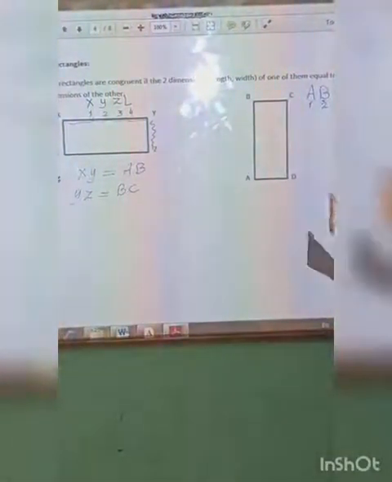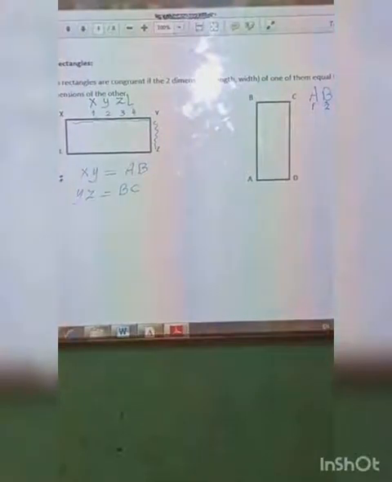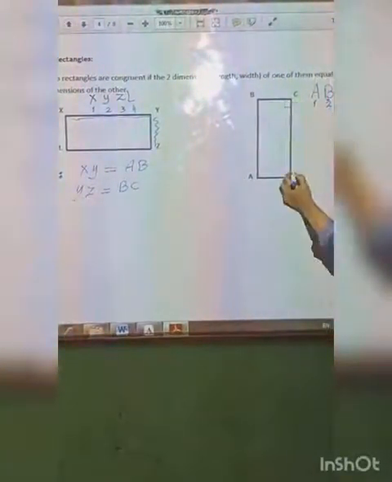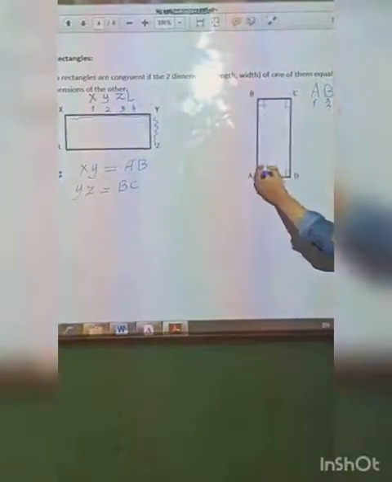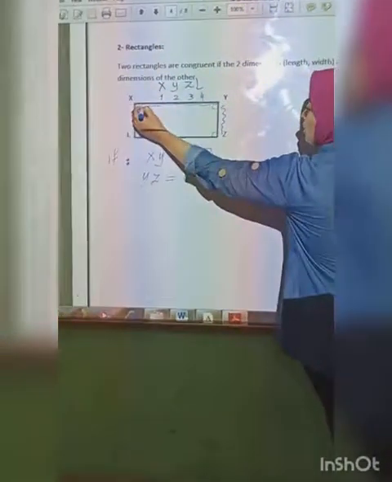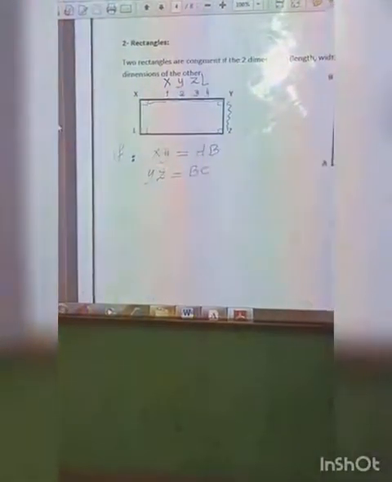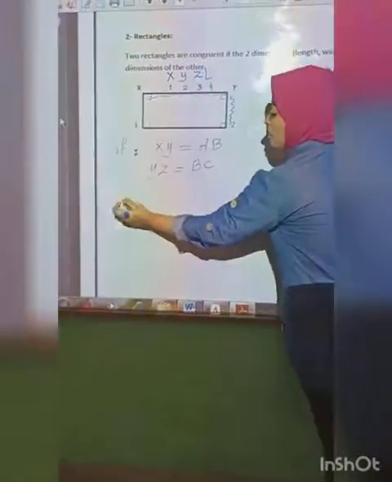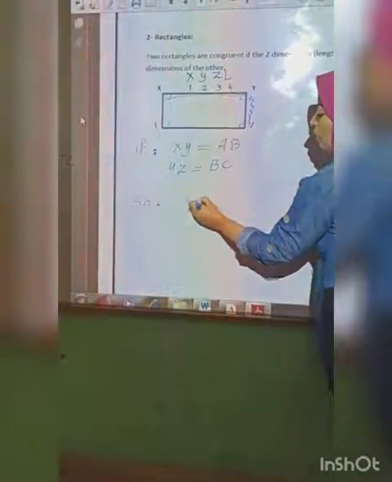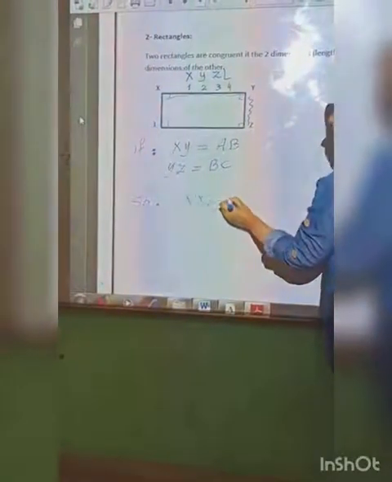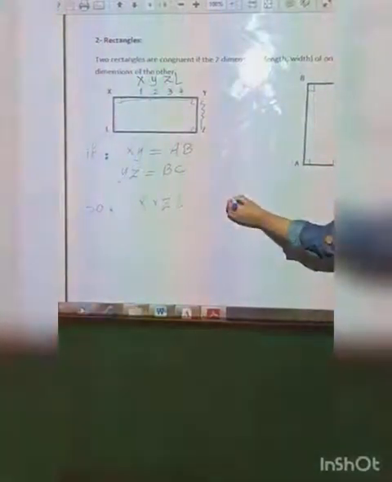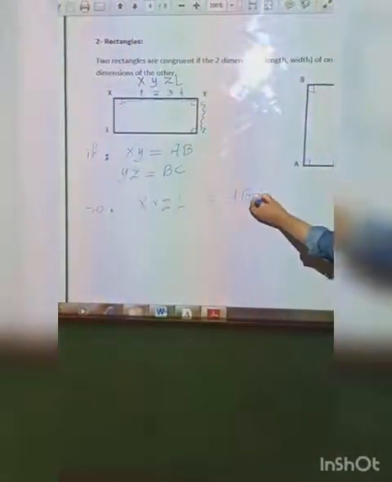The second condition is about the angles. We don't need to prove the equality of angles because all the angles in all rectangles are 90 degrees. So I can say here that the polygon X, Y, Z, L is congruent to the polygon A, B, C, D.